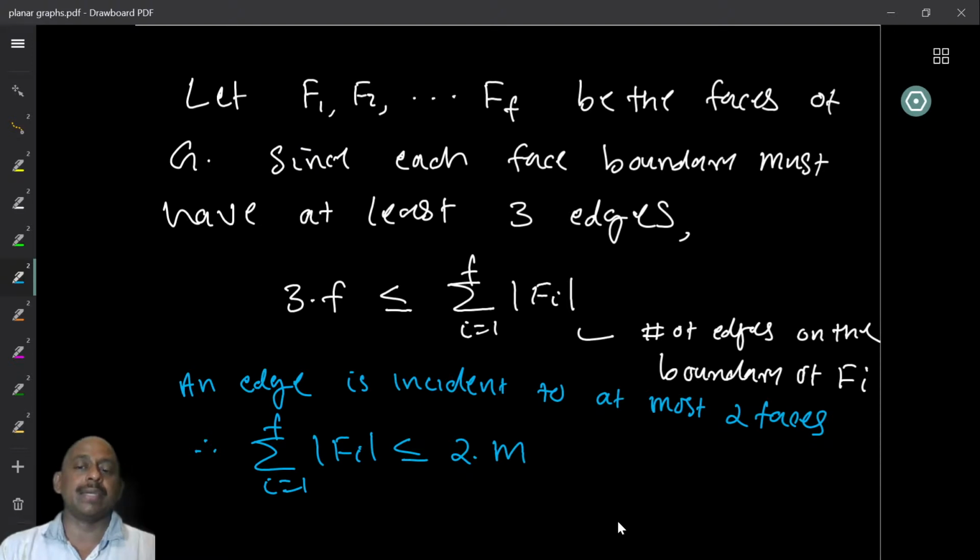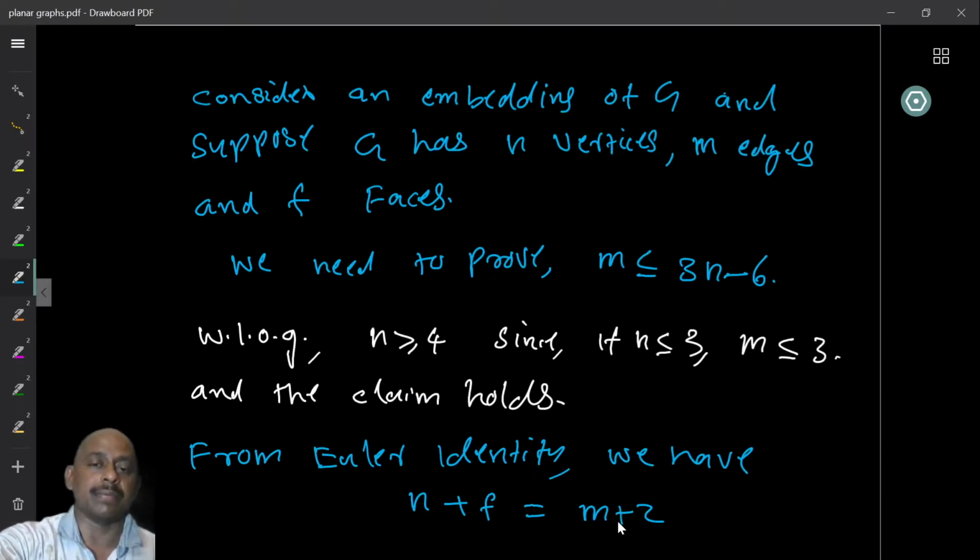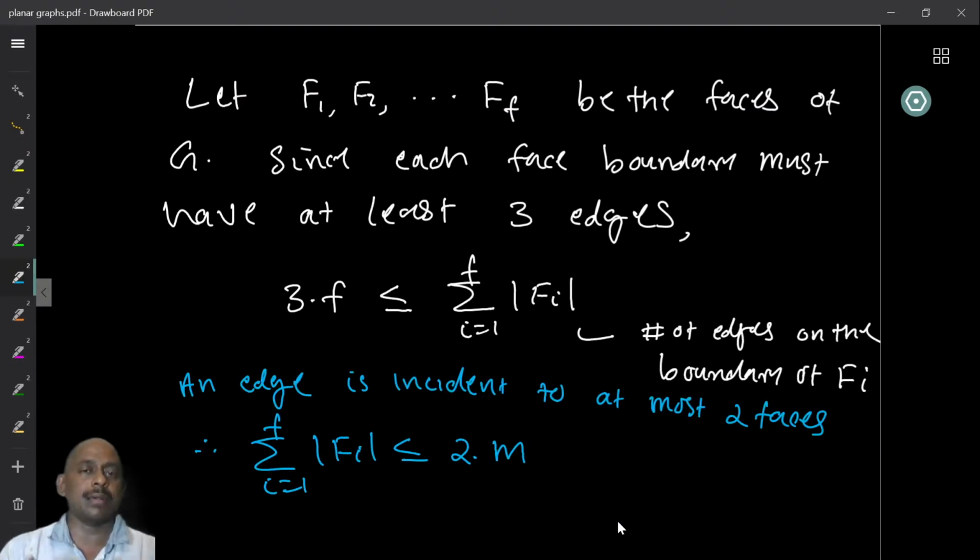Since there are f faces, let us call these faces f1, f2, etc., ff, the faces of the graph. Now, since each face boundary must have at least 3 edges, we know that 3 times the number of faces, 3f, will be less than or equal to the summation over all the faces of the length of the faces.